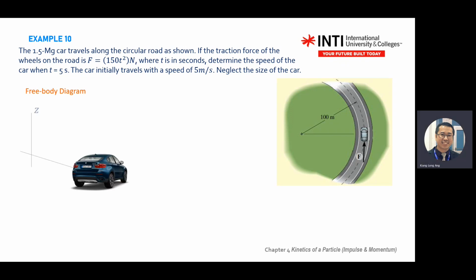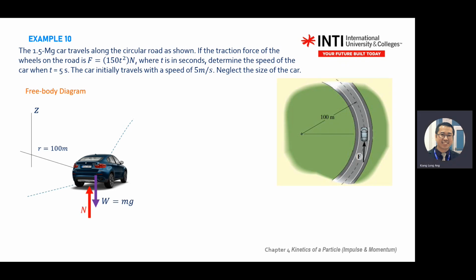So you draw the free body diagram. In this case, I draw in 3D because you are dealing with angular momentum and angular impulse. You need a 3-dimensional free body diagram, a bit different from the linear free body diagram. Here you have Z, R, and the curve.